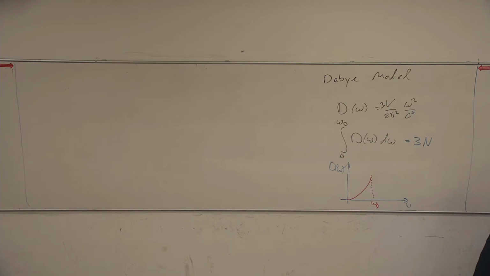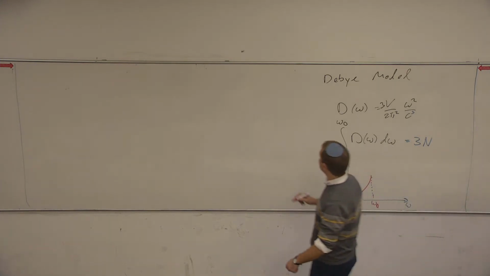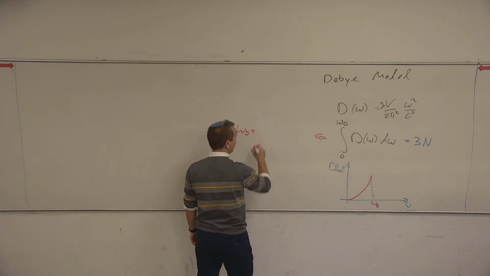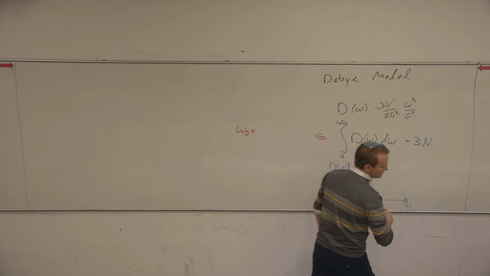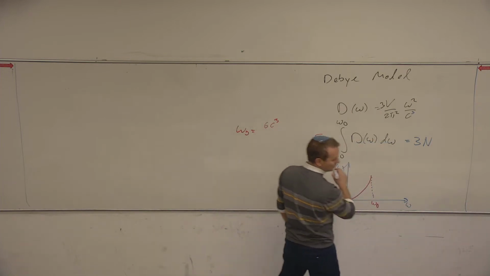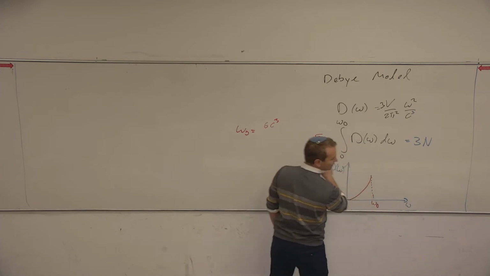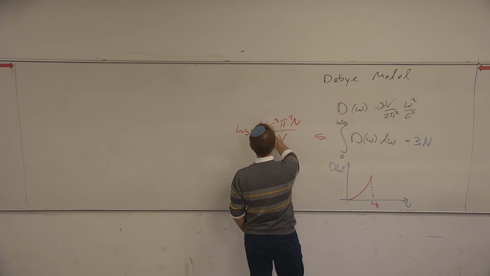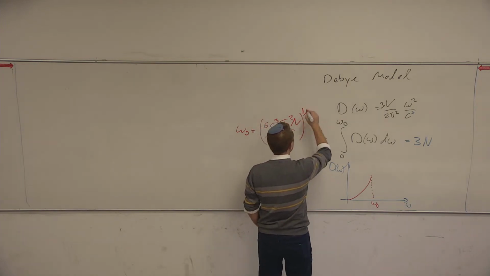Third. Now, so we perform this integral, and we obtain that omega Debye was 6 c to the third, what else? Pi squared, and divided by V. Okay.